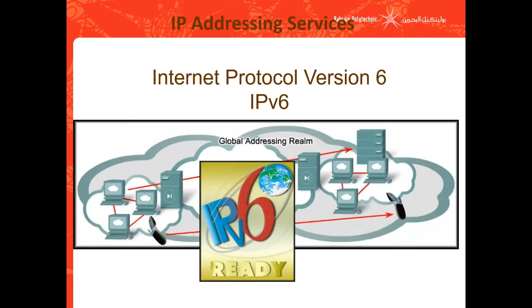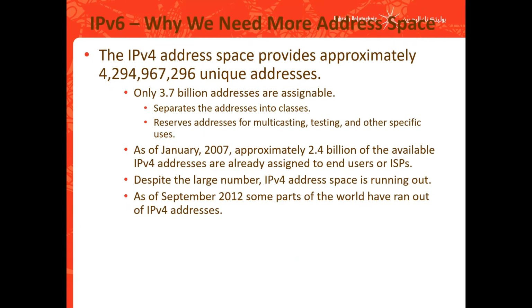Okay. So now the problem with IPv4 is that it only has about 4.3 billion addresses available. Okay, and as you might know, there are around 7.8, if I'm not wrong, 7.8 billion people on this planet.